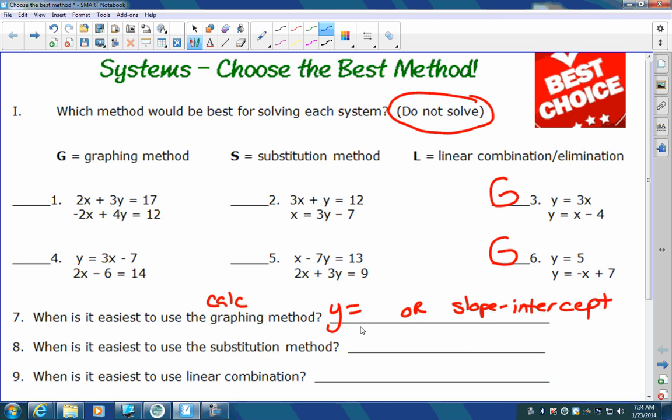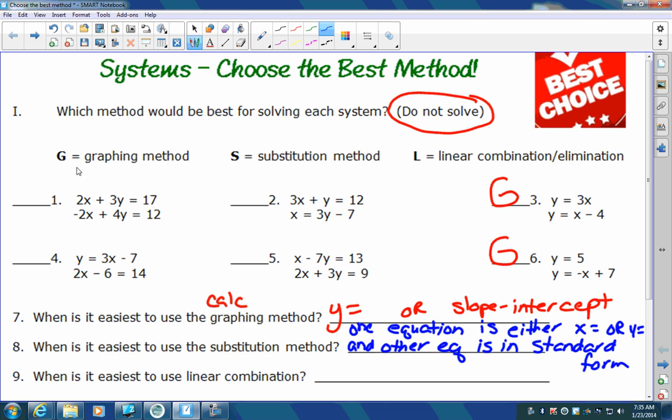When one equation is either x equals or y equals, and the other equation is in standard form.